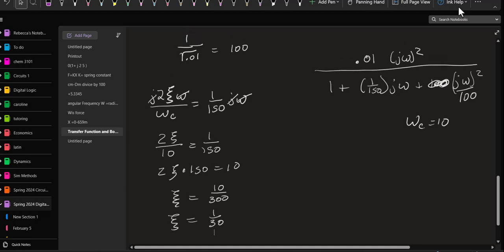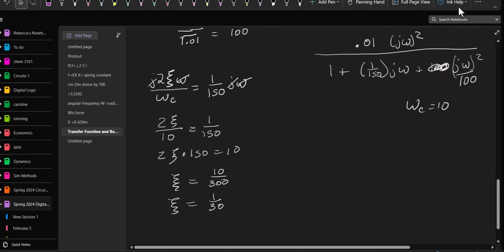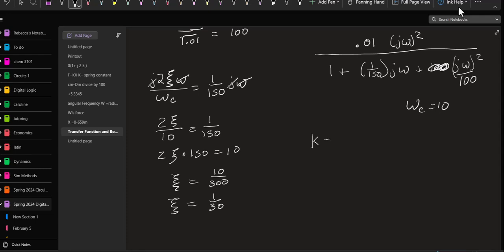Okay, so now that we have this, we know that our constant term is 0.01. We have a zero through the origin to second order, and a quadratic pole.